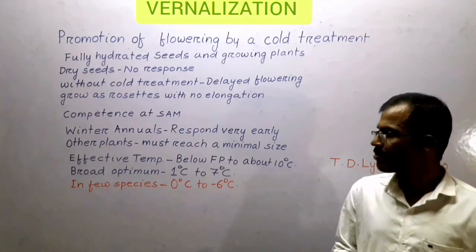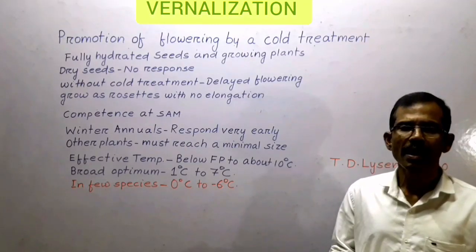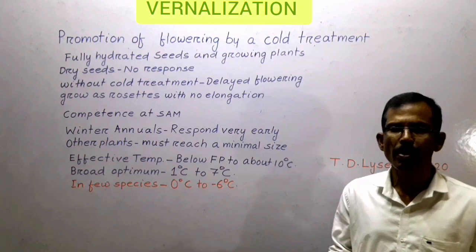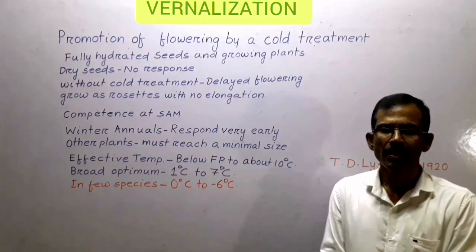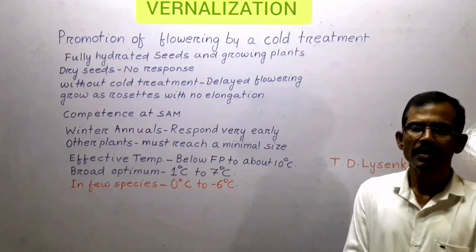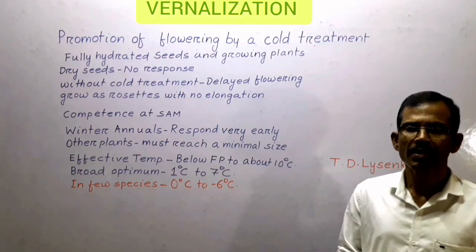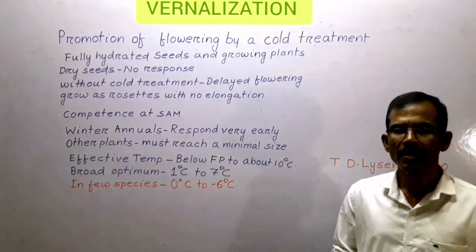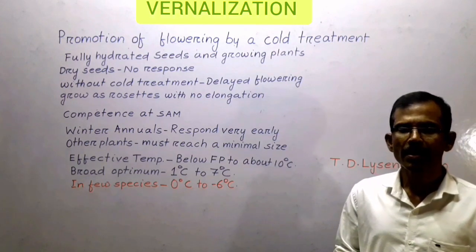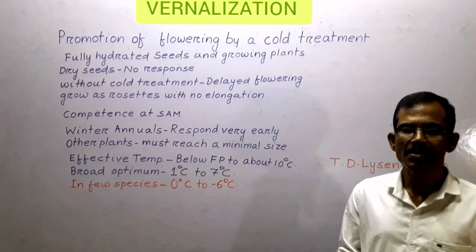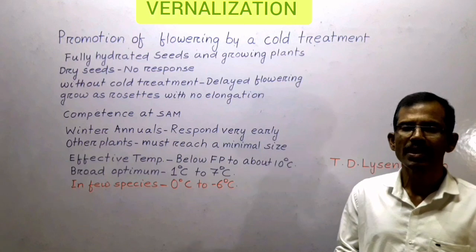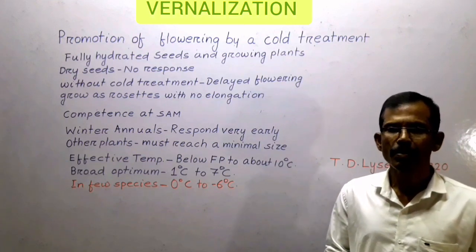Plant species vary considerably in their age at which they respond to cold treatment. Winter annuals such as winter cereals respond very early in their life cycle, whereas biennials and many other plants must reach a minimal size before they respond to low temperature.